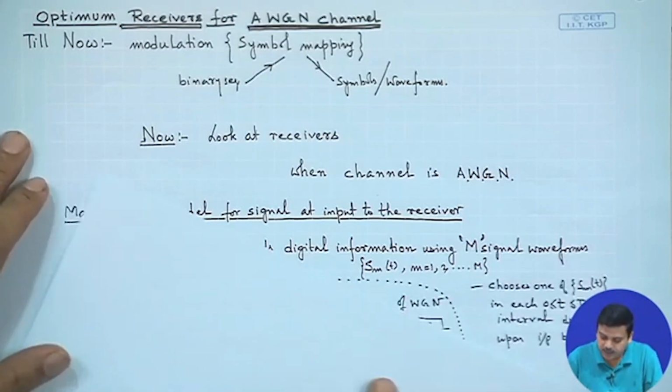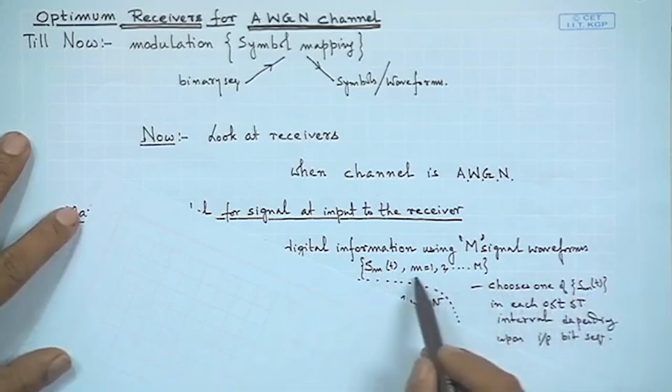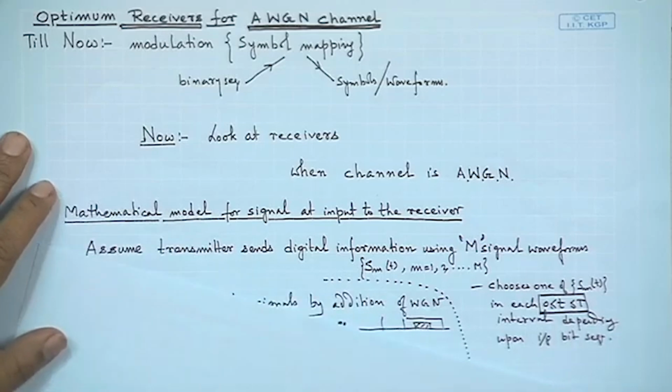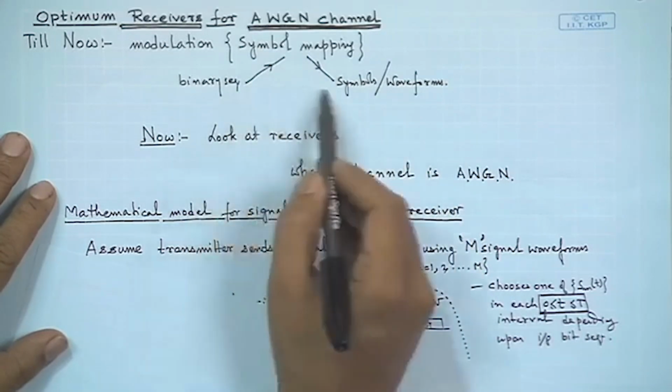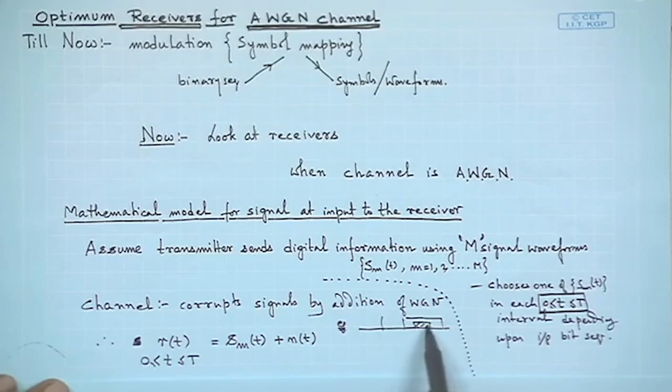And our job at the symbol mapper is to choose one of the s_m(t), and these will be chosen in the signaling interval 0 to capital T. These s_m(t) would be chosen based on the input sequence. That is what we have described through this arrow diagram. And the channel we have already described is additive white Gaussian noise, where of course the bandwidth of the filter at the receiver is much wider than that of the noise, and noise is spectrally white, and we have described this in an earlier discussion.